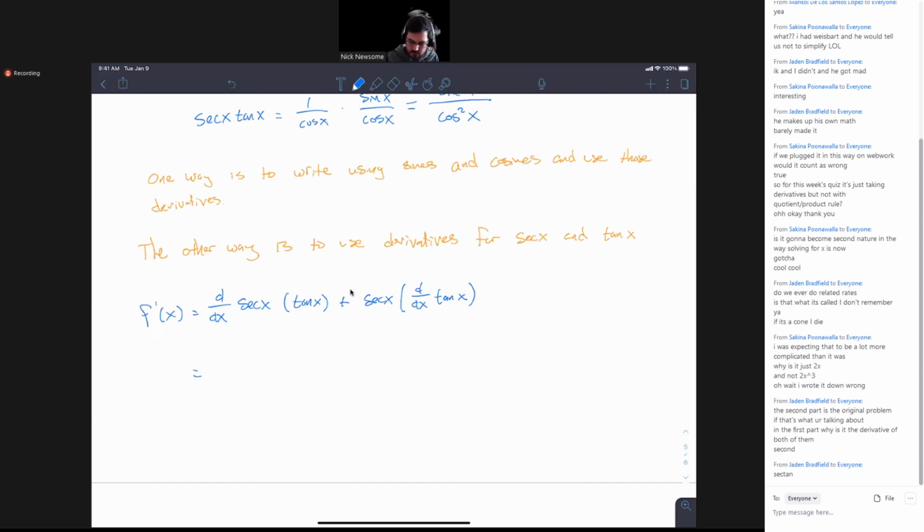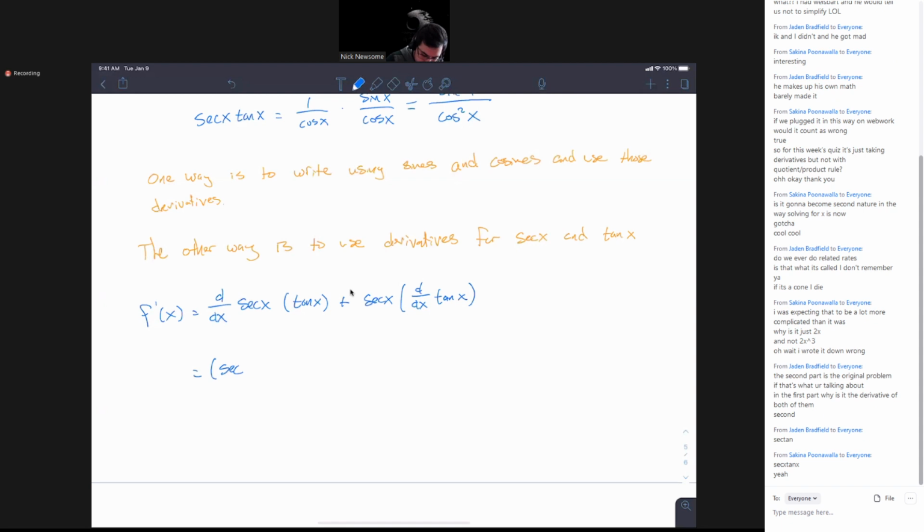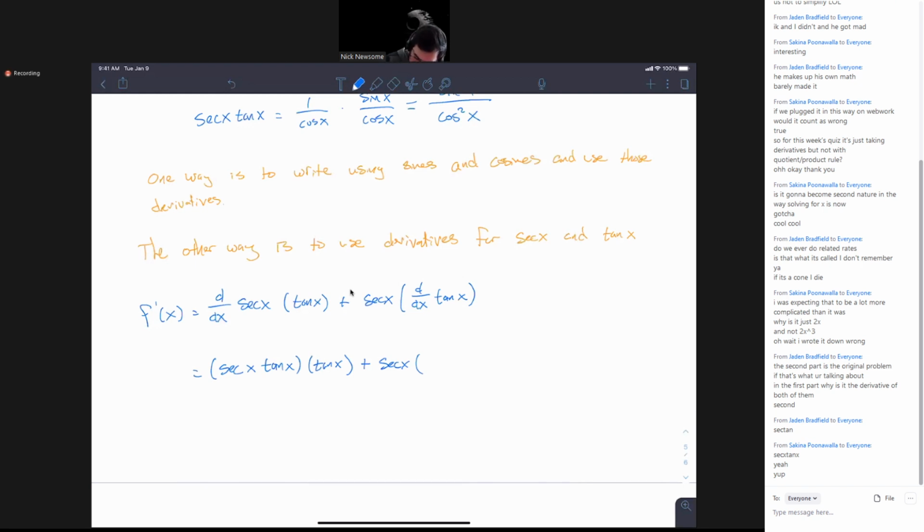Secant times tangent, I think is what it is. Yeah. All right. And the derivative of tangent is, I believe, secant squared. And someone tell me I'm right before I write it down. All right, derivative of tangent is secant squared. Okay, cool.